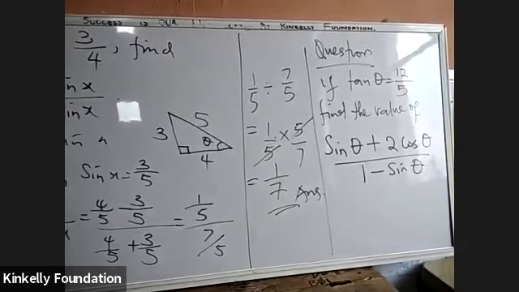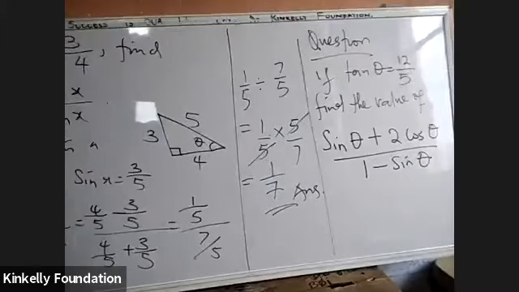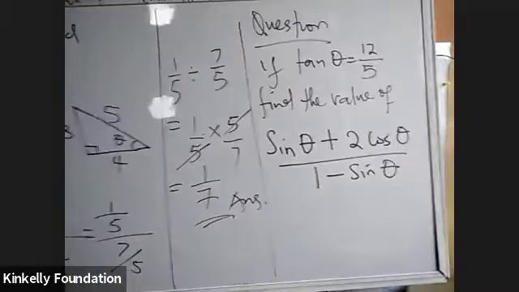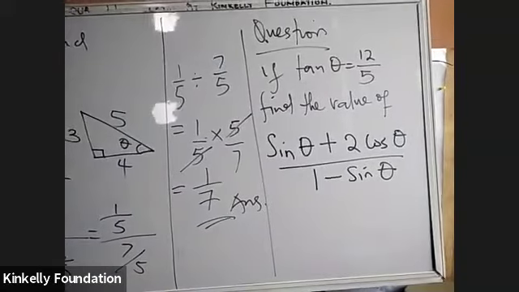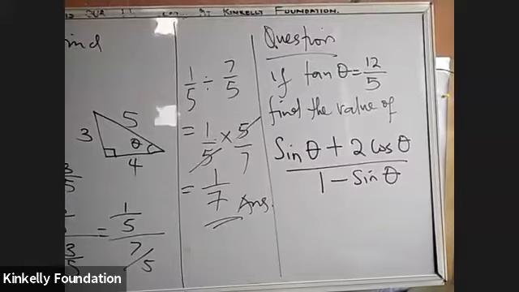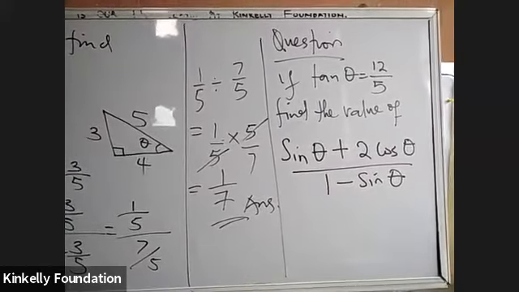If tan theta equals 12 over 5, find the value of sine theta plus 2 cos theta all over 1 minus sine theta. Thank you. I'll be waiting for your answers.